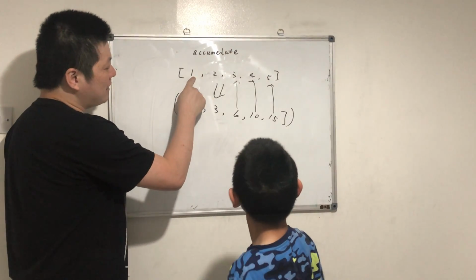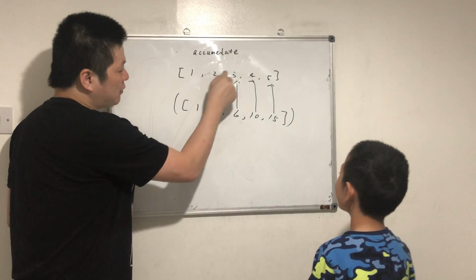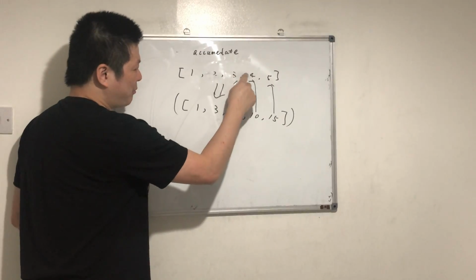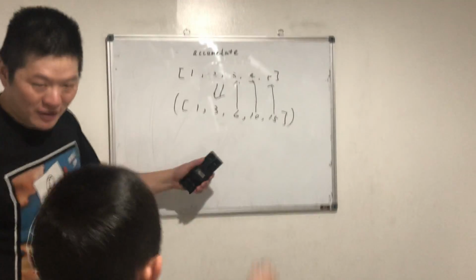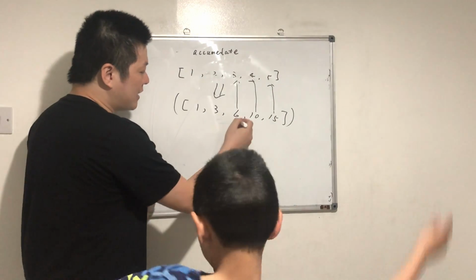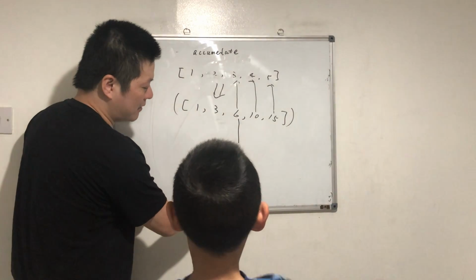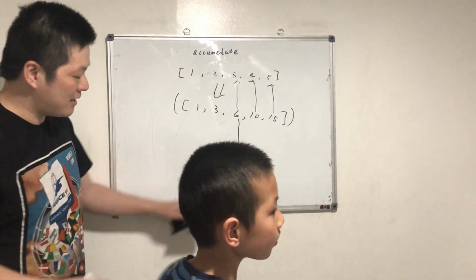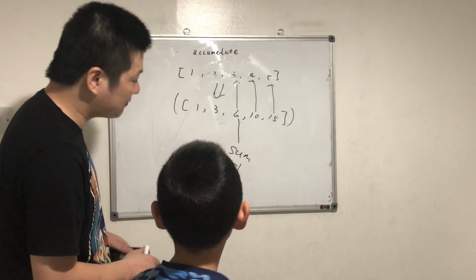Yeah, 1 plus 2, 1 plus 2 plus 3, 1 plus 2 plus 3 plus 4. This is to accumulate. Because we want to know the sum up to this point and until this point, right? Does it make sense?